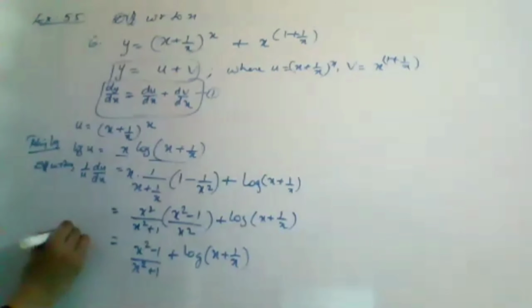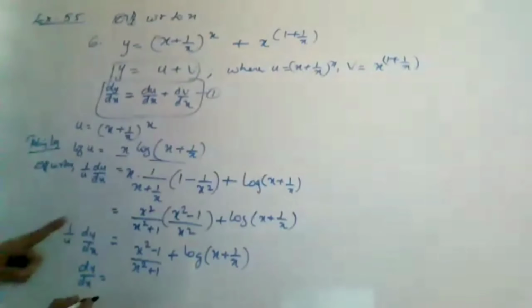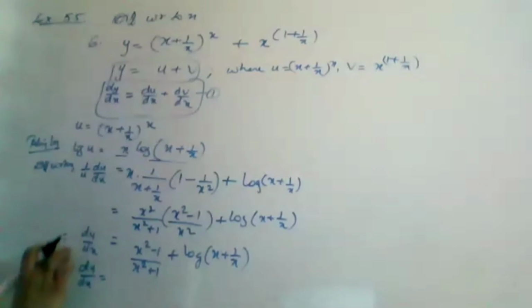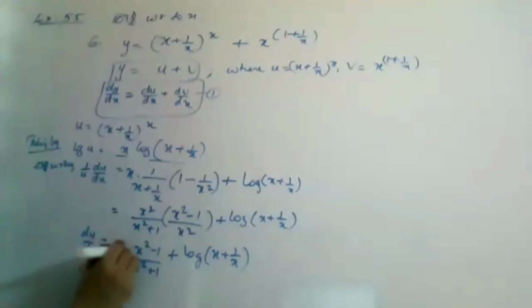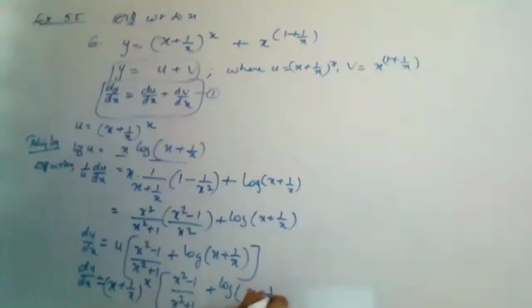Here 1 by u into du by dx. And what is your purpose to find out? du by dx. So u will go there. So this will become u into the whole term. Now I am just replacing the value of u, which is (x + 1/x)^x into (x square minus 1)/(x square plus 1) plus log of (x + 1/x). This much is your du by dx.